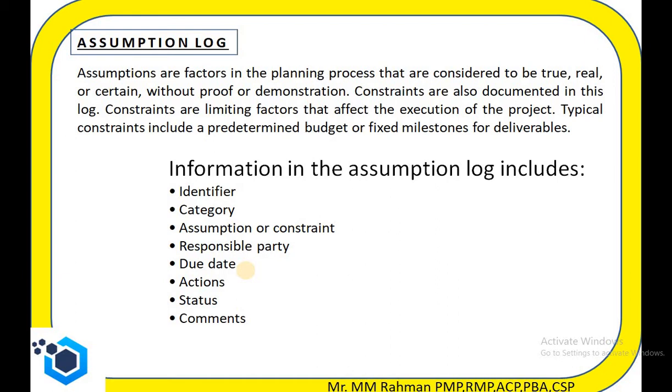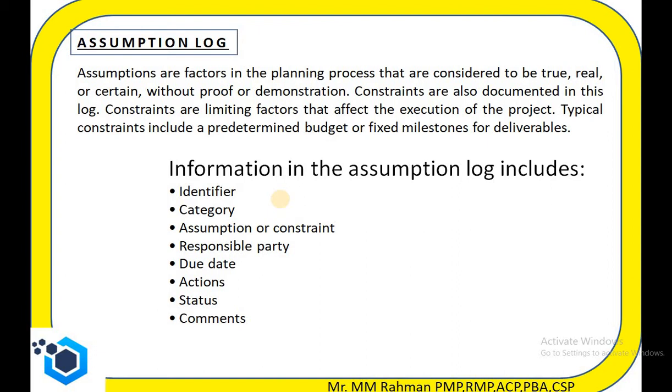This assumption log contains the identifier, that is, every assumption has to have a unique ID, a unique identifier. Then we have to categorize this assumption. This assumption belongs to a risk, or this assumption belongs to deliverables, or this assumption belongs to requirements.